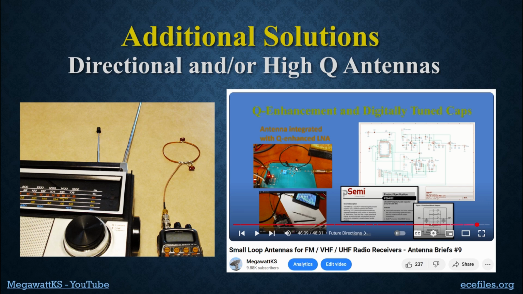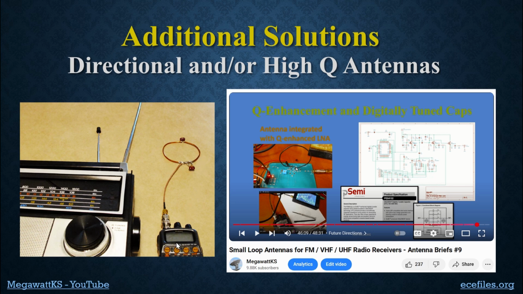Now, there are other ways of dealing with crowded spectrum environments. If you're a radio amateur operator, for example, you may have a beam antenna that you use during field day, and it can really point in a certain direction and somewhat reduce signals that are coming from different directions. So that's another way to do it. Another way to do it is to use a resonant loop antenna.